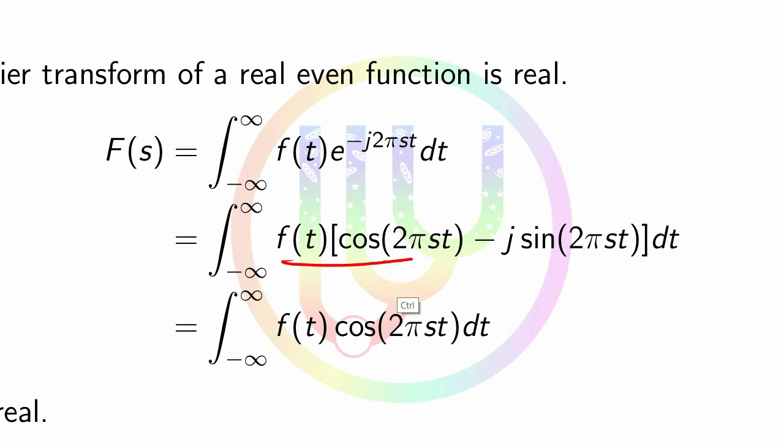Therefore only this will remain, so this is equal to the integral from minus infinity to infinity of f of t cos 2 pi s t dt, which is always real, because f of t is real and cos 2 pi s t is also real.